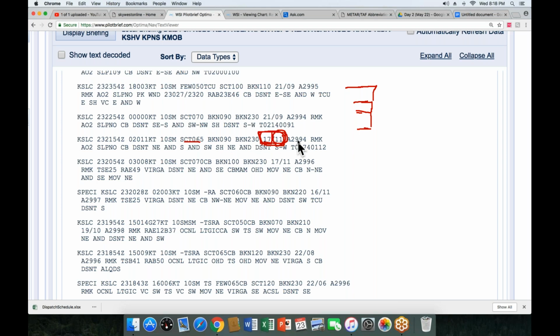Does that mean that's going to hold true 100% of the time using the standard? Heck no. So this is probably a dry adiabatic lapse rate of 1.5 degrees per 1,000, which would put us about at that scattered 6,500. But to figure out whether we're using the dry or moist adiabatic lapse rate, we've got to figure out a couple other things that we're not even going to talk about.